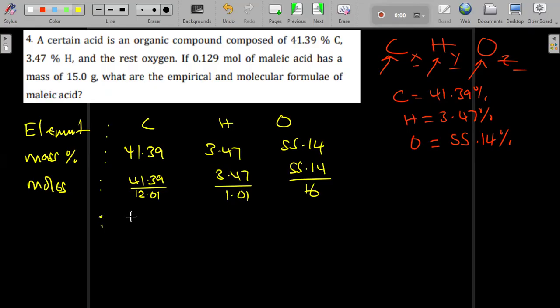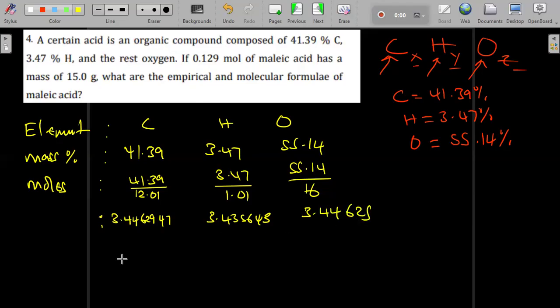Here I'm going to have 3.4462947. I can end there. And here when I divide, I'm getting 3.435643.